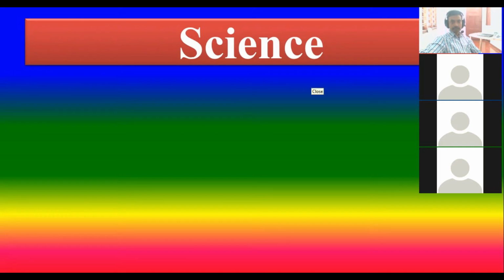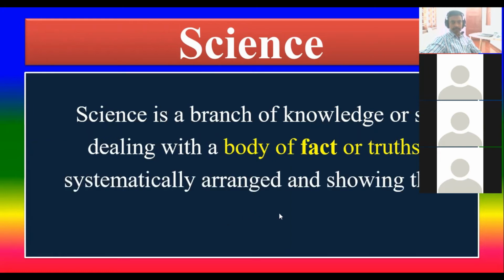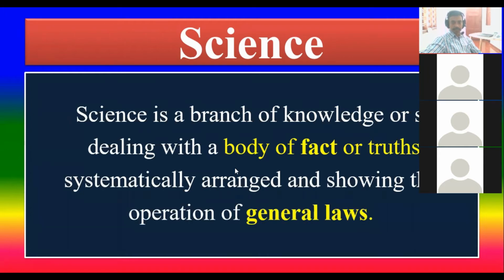Detail going on. Science is a body of fact or truth, systematically arranged and showing the operation of general law. The general law is an important characteristic of science. It's a fact, for example, the sun rises from the east.